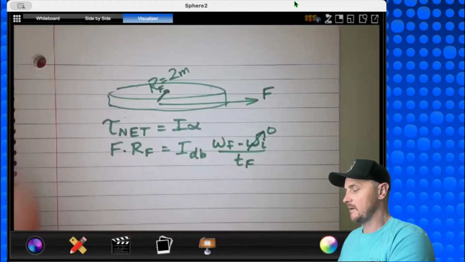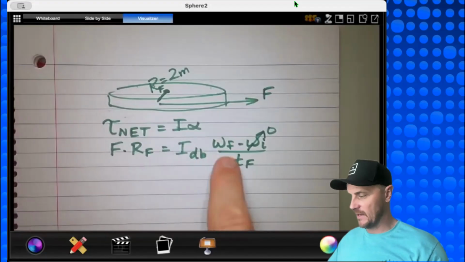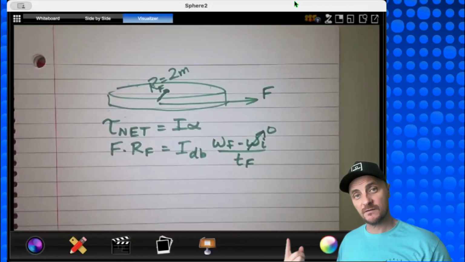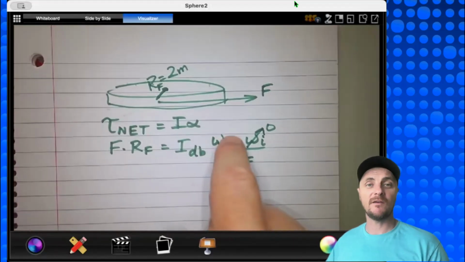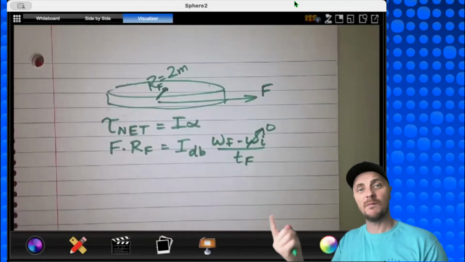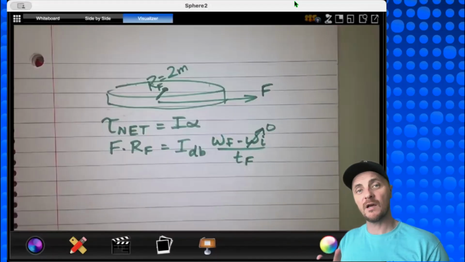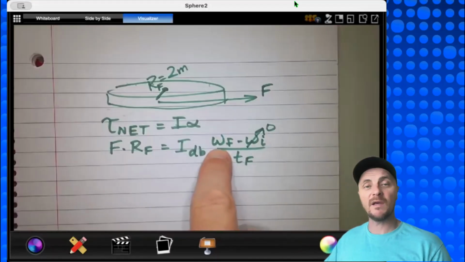So I speed it up to this angular velocity, omega_F, and then I just let the thing spin for 8 revolutions. And while it's spinning for 8 revolutions, it maintains that angular velocity for that time, T_8. And this allows me to use the average angular velocity equation to find this omega final.